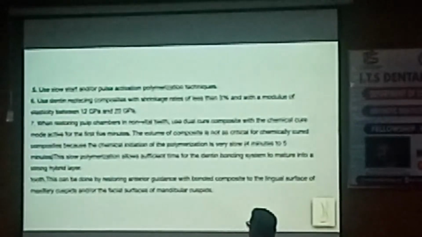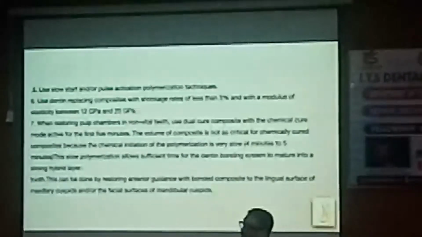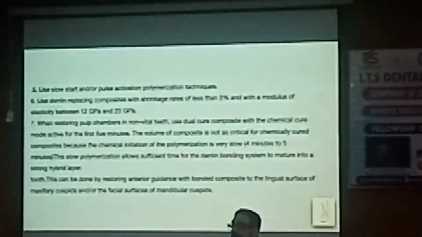Okay? Then, when you're restoring your pulp chambers, remember this, always use glass ionomers to restore your pulp chambers, or use chemically activated composites, or use dual cure composites which can set inside your pulp chamber. Now, why is this restriction kept there?